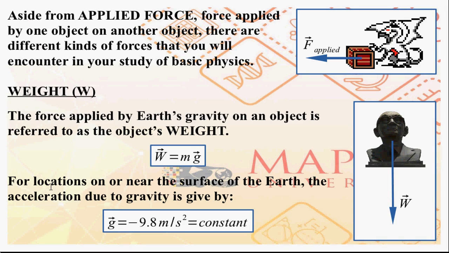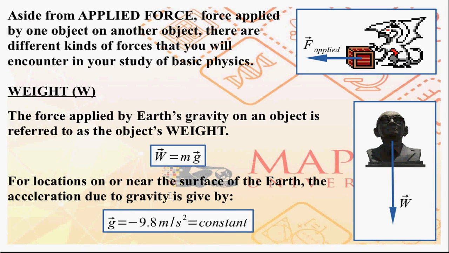For locations on or near the surface of the Earth, the acceleration due to gravity is given by vector g equal to negative 9.8 meters per second squared, or negative g, where g is the magnitude of acceleration due to gravity, and the vector g is constant for locations on or near the surface of the Earth.